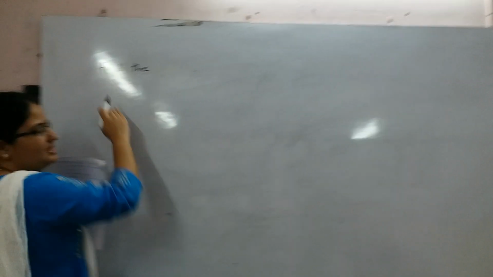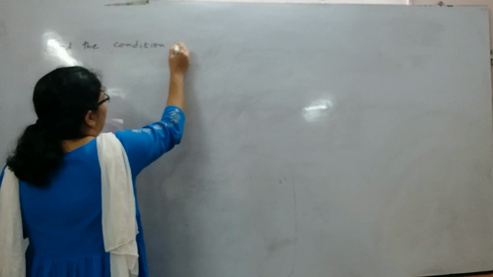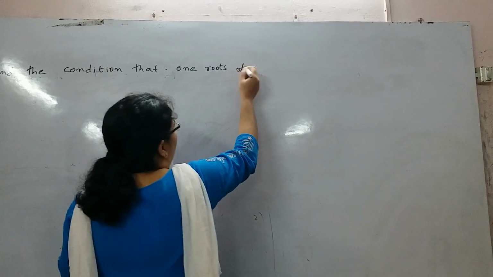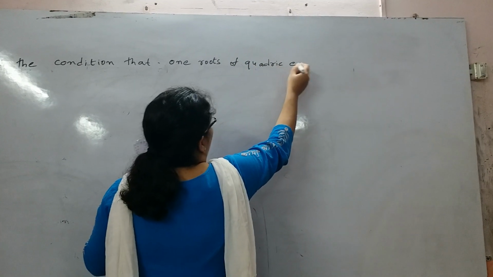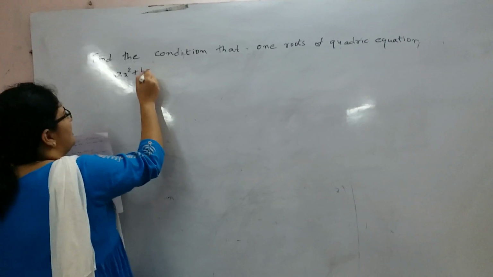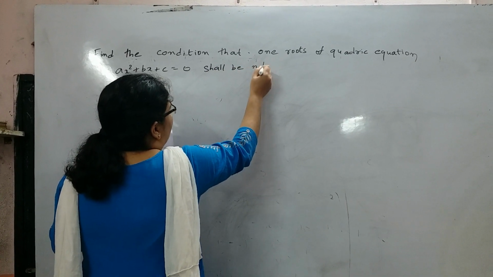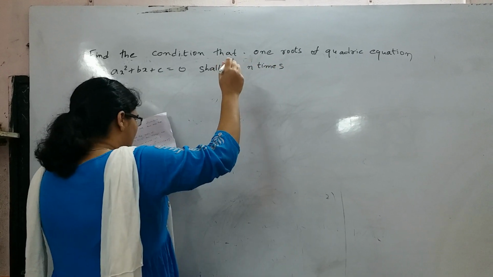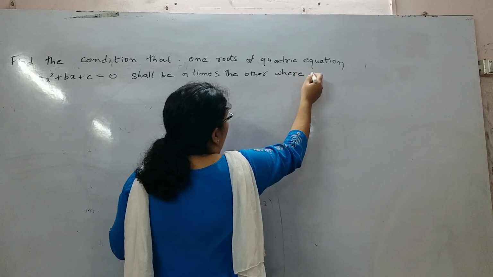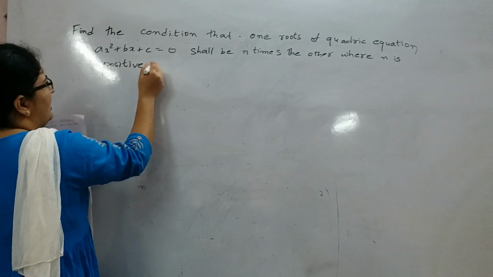Let us discuss the next problem. This is our next problem. Find the condition that one root of quadratic equation ax square plus bx plus c is equal to 0 shall be n times the other, where n is positive integer.